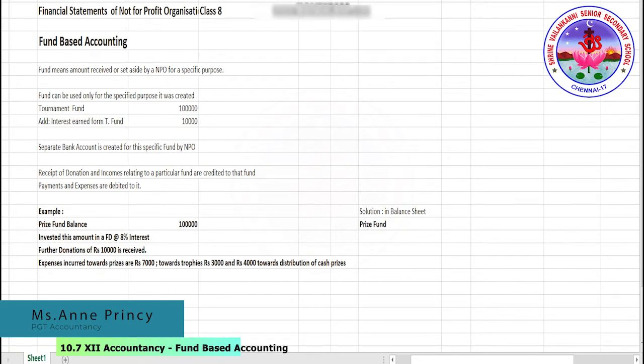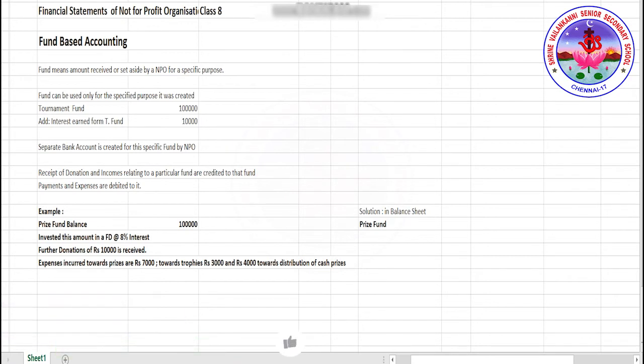We are going to look into what is called fund-based accounting. What is a fund? A fund means an amount received or set aside by an NPO for a specified purpose.